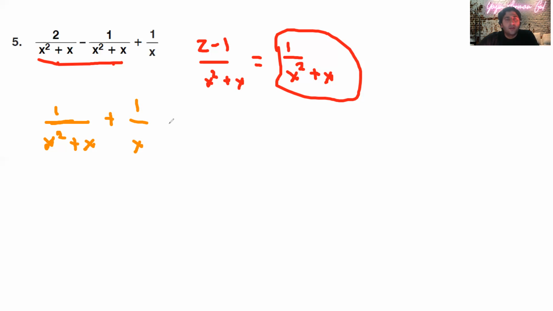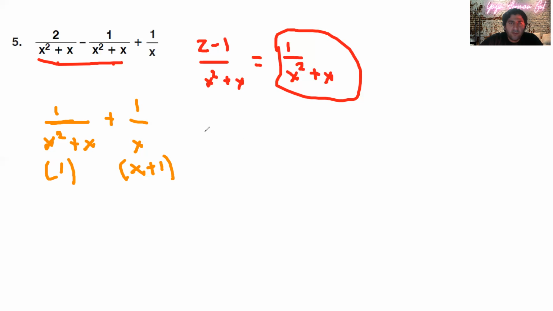Because we've solved this part first, we are now working with this part here. So now it's x squared plus x here, and here it is x. What do I need to times this with? It's going to be the same as this one. If I say times x plus 1, x times x will be x squared, x times 1 will be x. So this is going to be obviously then 1.